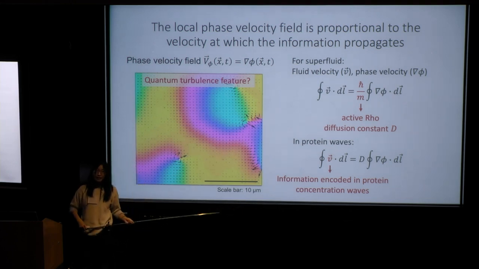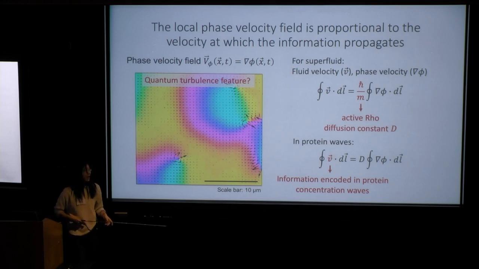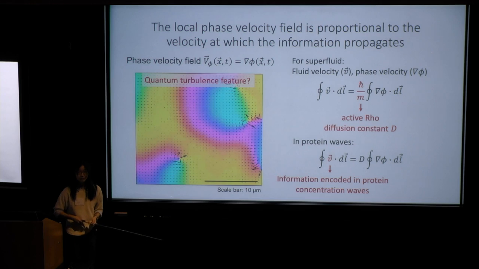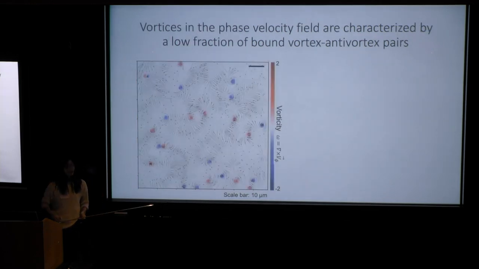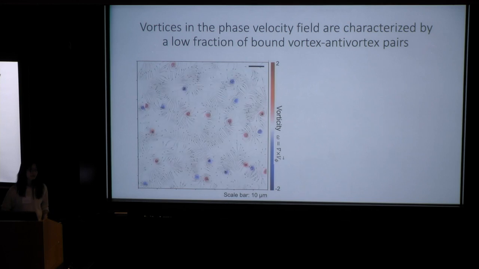So from that perspective, we could aim to analyze the organization of the phase velocity field with a variety of length scale analyses, and we can aim to characterize those protein wave propagation patterns as emergent states arising from the protein component interaction. We can first start with a global characterization of the phase velocity field.